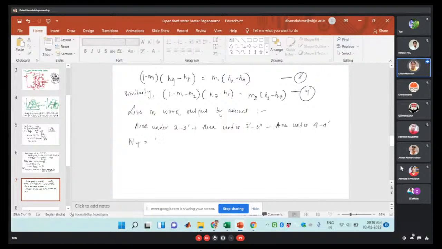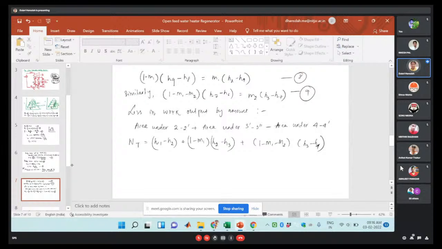So simply I will write it down, 1 minus H1 minus H2 plus your 1 minus m1 h2 minus h3 plus 1 minus m1 minus m2, it is your h3 minus h4, right?